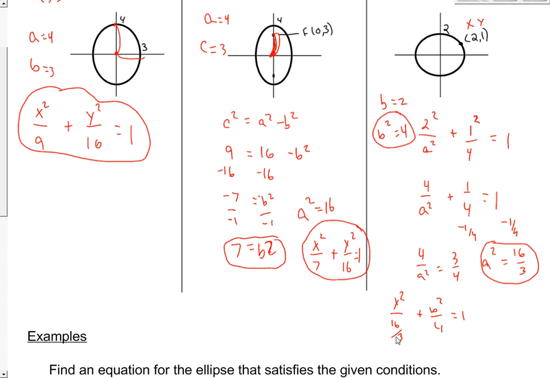And now, since we're dividing by a fraction, let's multiply by the reciprocal, 3/16, which means I have 3 times x squared over 16. So 3x squared over 16 plus y squared over 4 equals 1. And this is my equation.